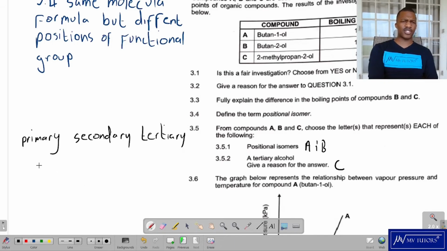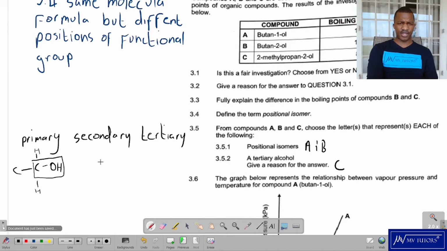So the functional group for a primary is such that the carbon is attached to one other carbon. Okay, so the functional group, that's the functional group for an alcohol, is attached to one other carbon, and then it's H here and H there.